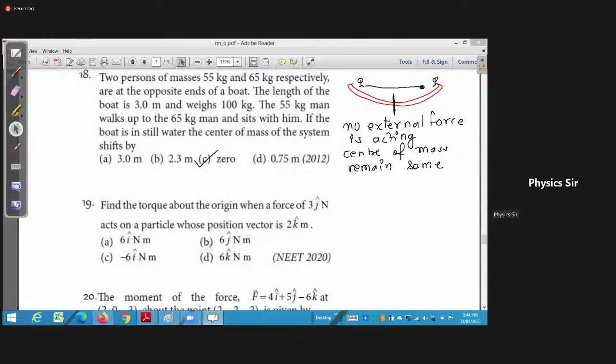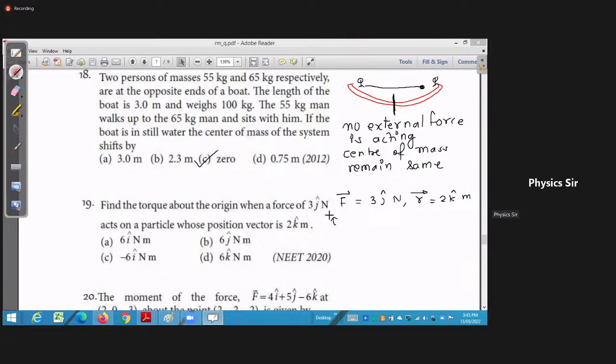So basically what they are asking is a torque that I have to calculate, acting due to the force of 3j Newton. It means this force is 3j cap Newton, and the position vector R is 2k cap meter.